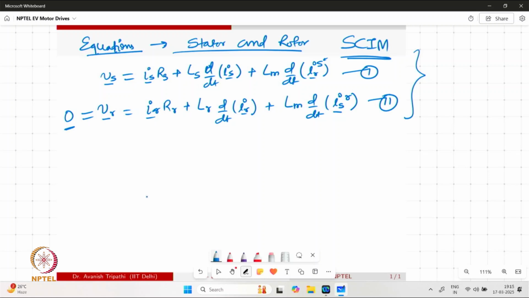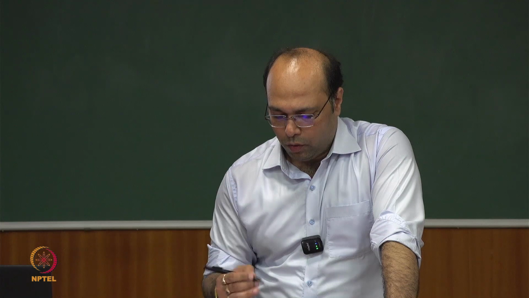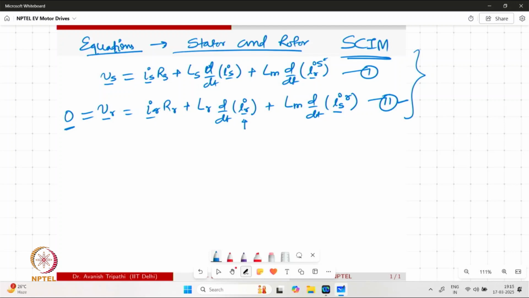Magnitude is not present in that. So we can simplify this equation to the rotor side KVL, and we can come up with the understanding of how IR can be removed from this equation, because essentially when we are talking about a squirrel cage induction machine, there is no possibility of measuring IR.